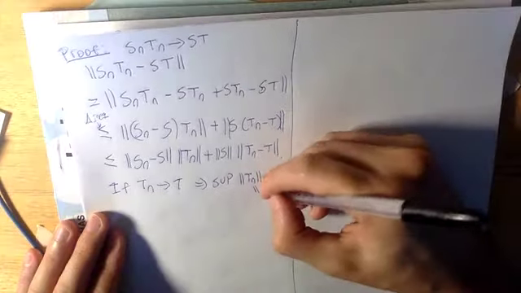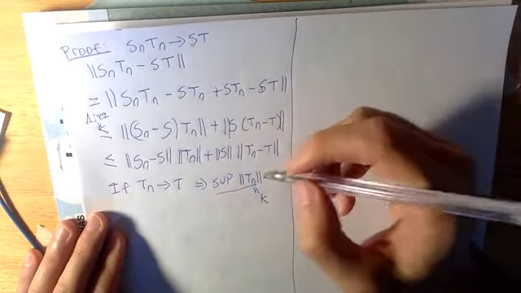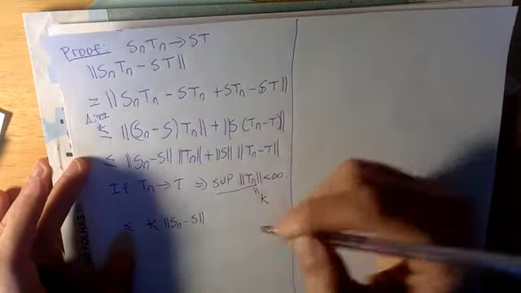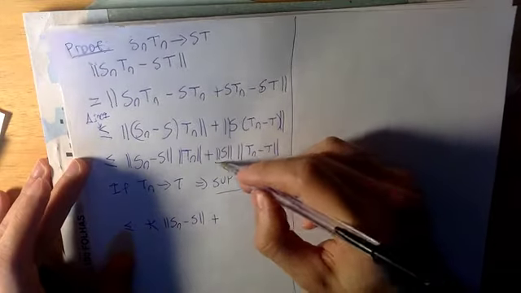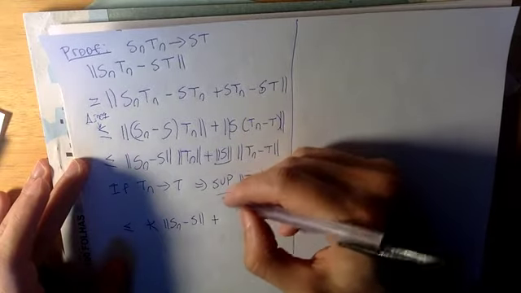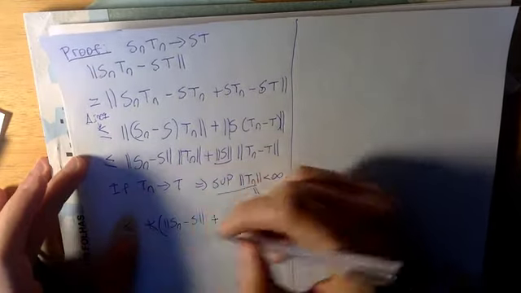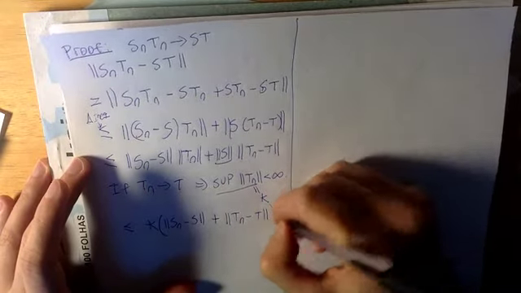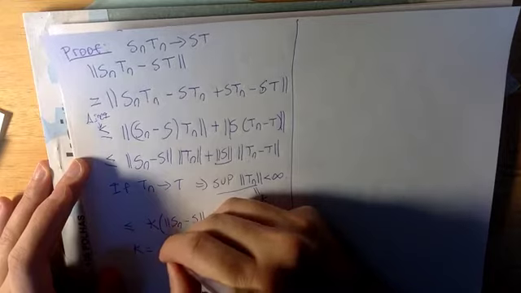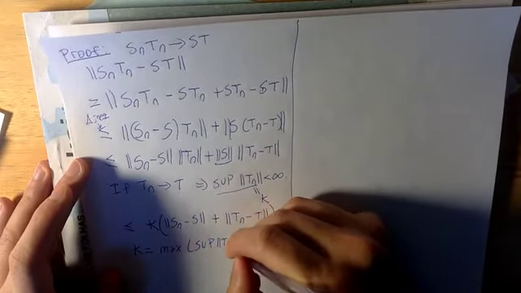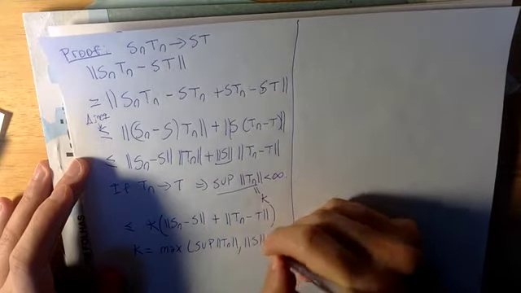So let's say that this supremum is equal to K. So then this is less or equal than K times the norm of Sn minus S plus the norm of S, which is just a bounded number, so we can say that the norm of S is also less or equal than K. So we can take K times the norm of Sn minus S plus the norm of Tn minus T, and here we have taken K to be the max of the supremum of the norm of Tn and the norm of S.